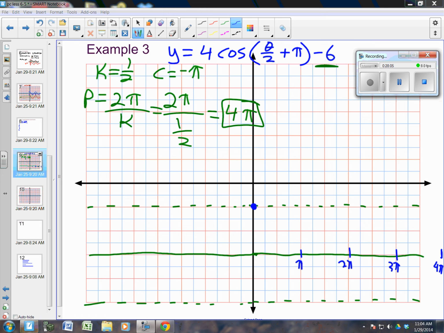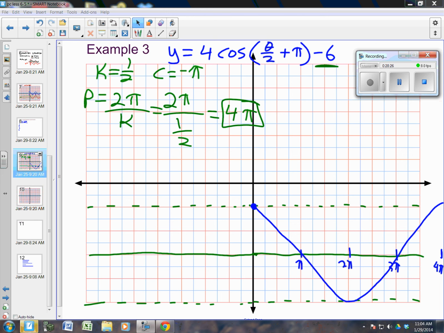So one period takes place between here and there, so it's going to go down like this. It's going to be something like that, right? And I could do the same thing over here. I don't have time to do it.